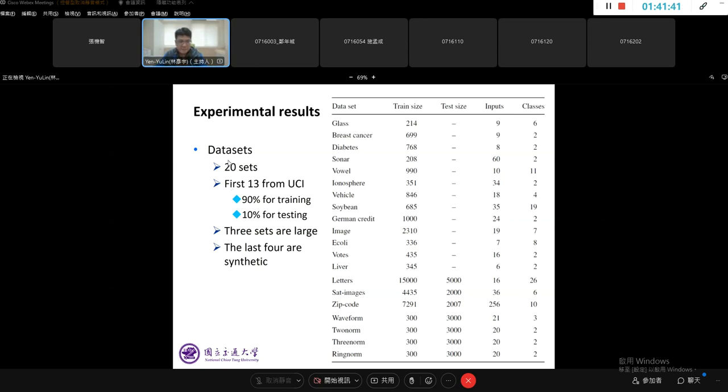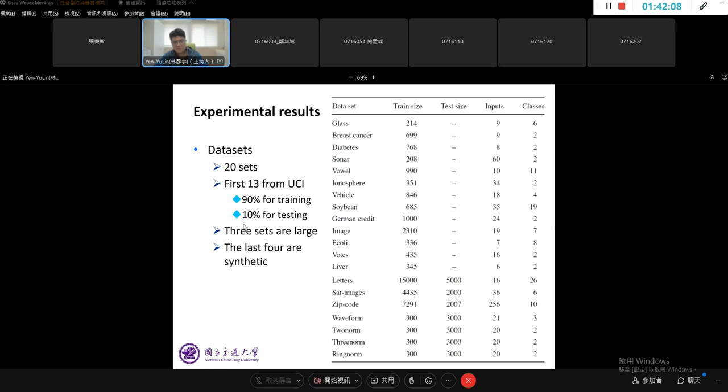In the paper of random forest, Professor Leo Breiman considered 20 benchmark data sets. The first 13 data sets are from UCI, a collection of several benchmark data sets. For each data set, 90% of the data are used for training.